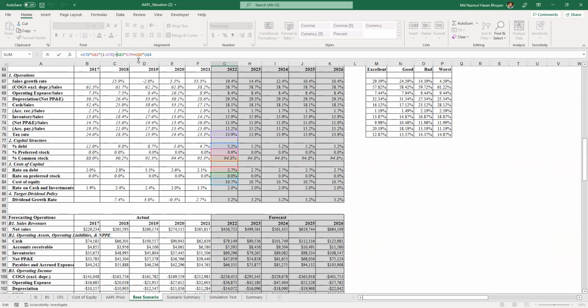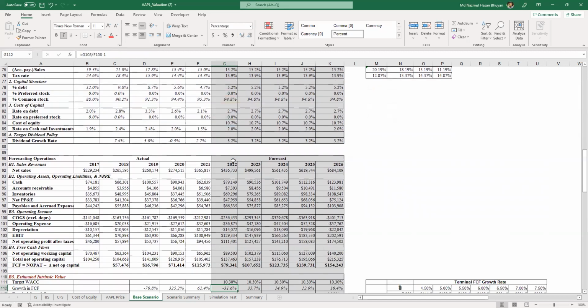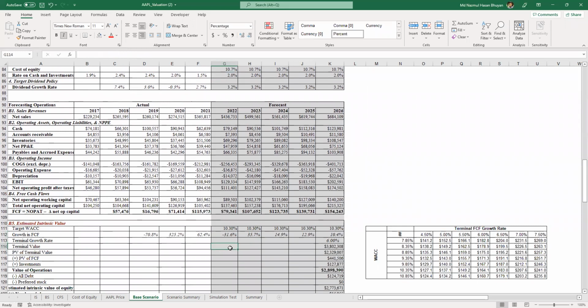We have nothing actually here. Then our rate on cost of equity, and then our percentage of common stock we have. So this is how you get your weighted average cost of capital.